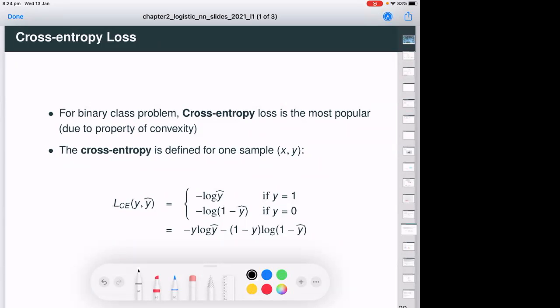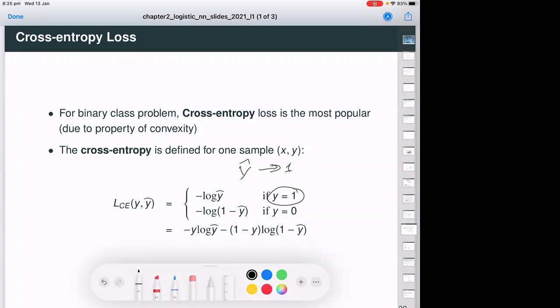If we observe an outcome equal to 1, and our prediction is close to 1, the log of 1 gives us 0, so low loss. That is okay.